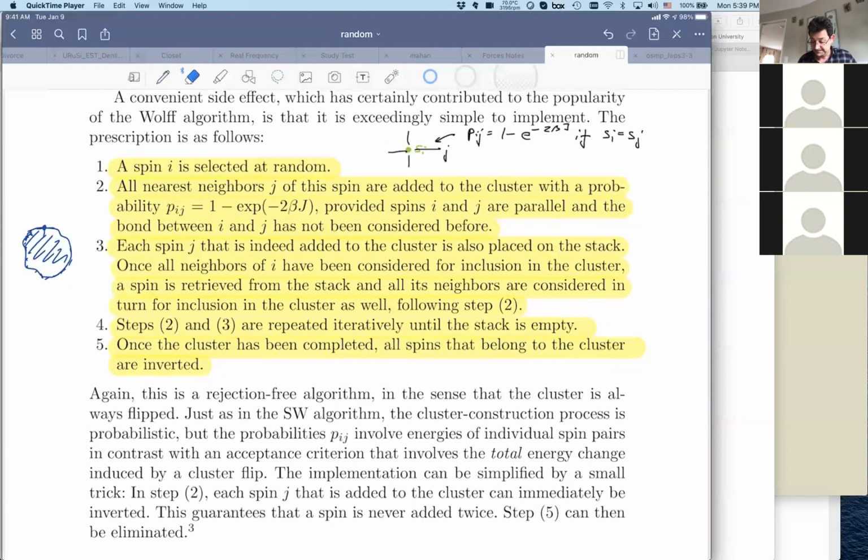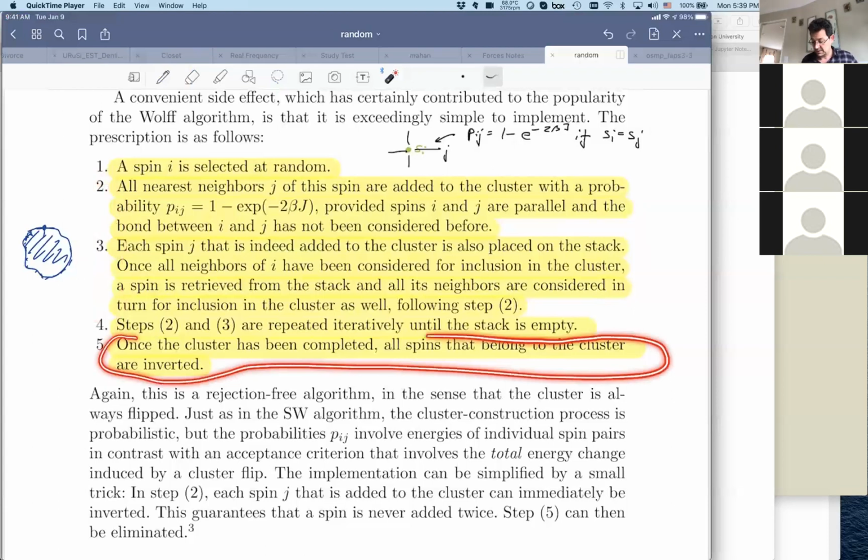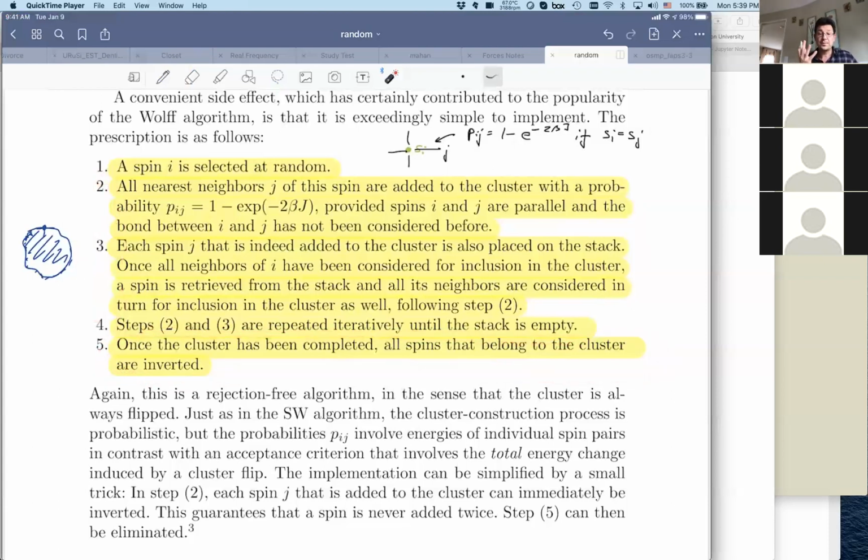Now with repeating steps two and three, we finally mapped out the cluster. And once the cluster has been completed, all spins that belong to the cluster are inverted. So you flip all the spins at the same time, and we are done.